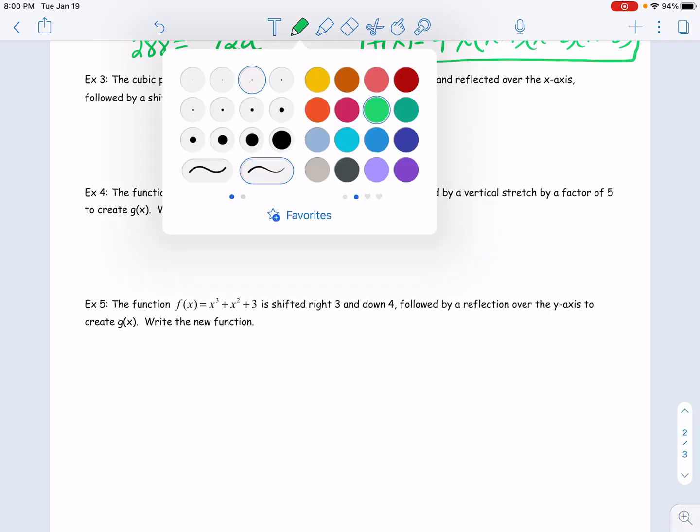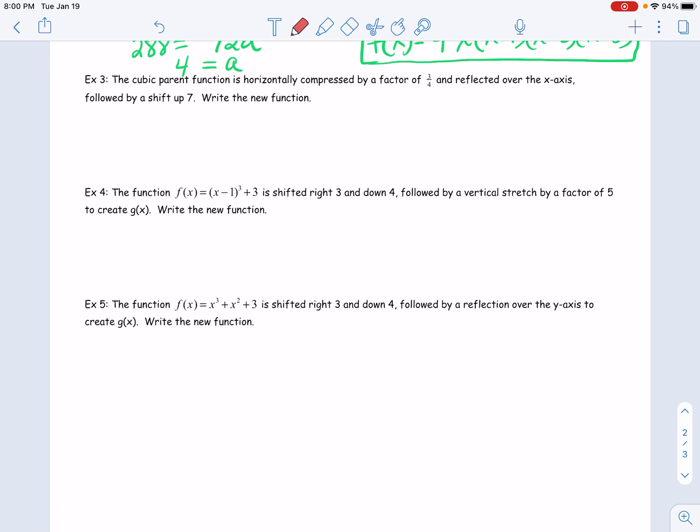So let's go pink. It says the cubic parent function is horizontally compressed by a factor of 3/4 and reflected over the x-axis, followed by a shift up 7. Write your new function. Well, if I know that I'm horizontally compressing, that means inside my parentheses, I need to see a number bigger than 1.